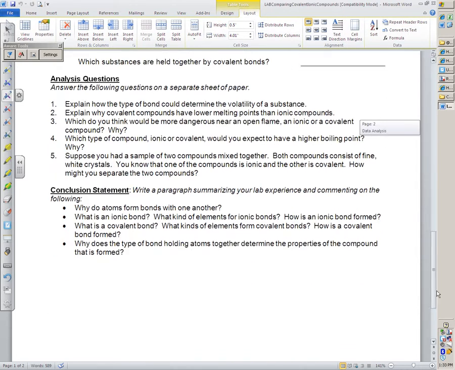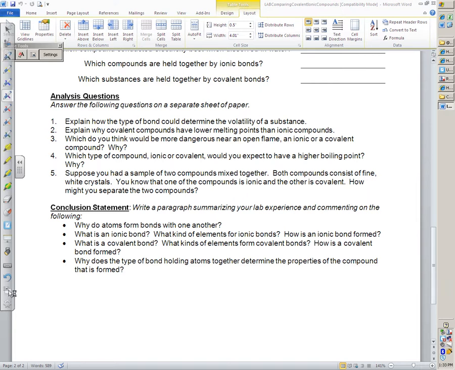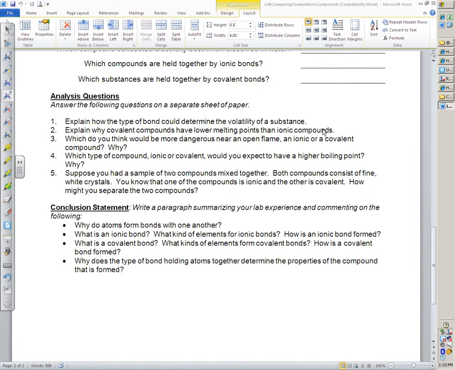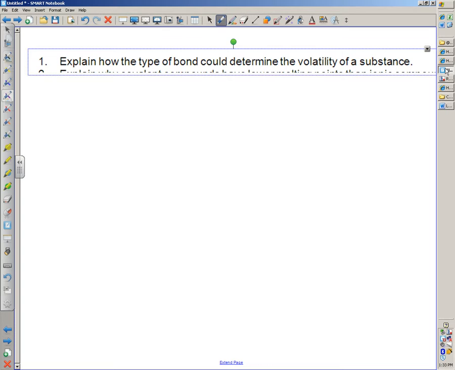Number 1 on the back page says, explain how the type of bond could determine the volatility. So, we explained volatility real quickly before we did the lab, but how did we measure the volatility of something?